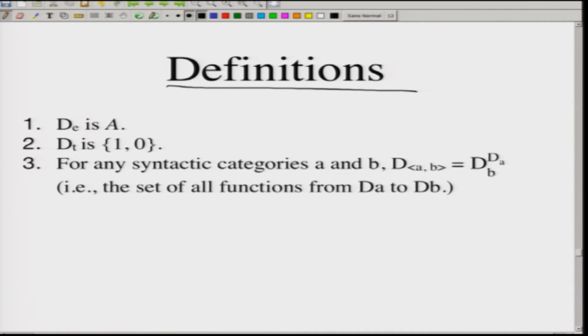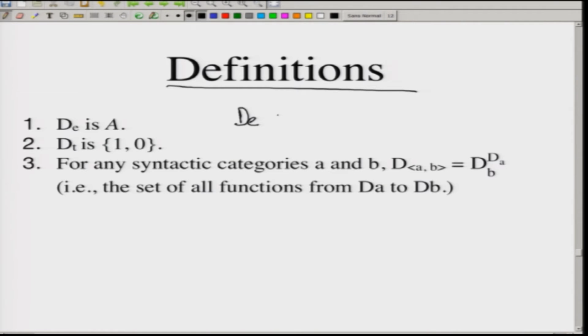We have two basic types, and based on those two we will construct infinite types. What are the types? One is D_e, that is the set of all entities. You know, the set of all entities is actually A. A is E1 through En.